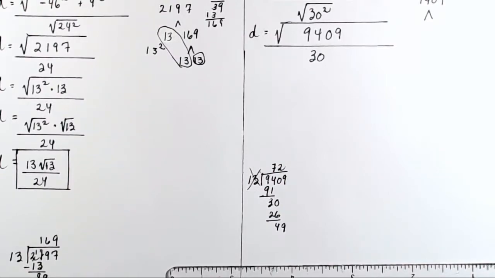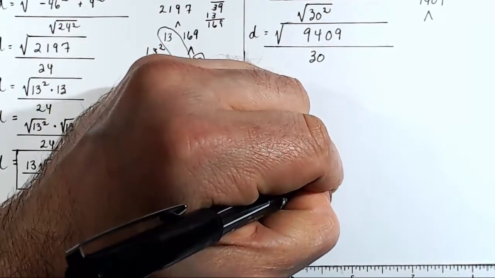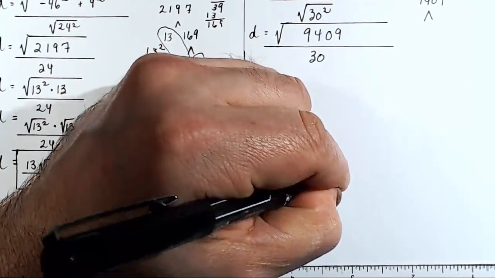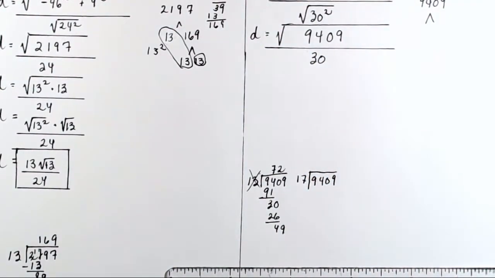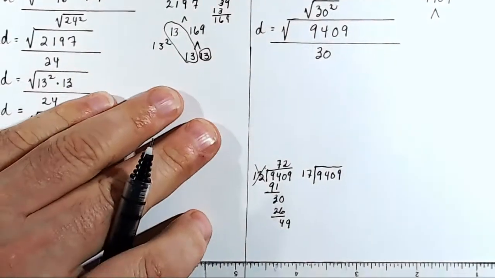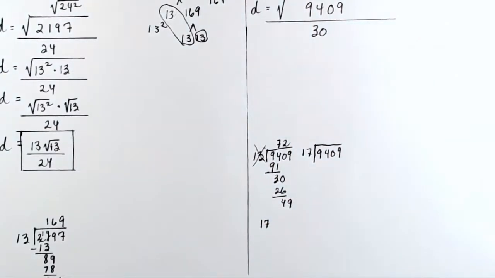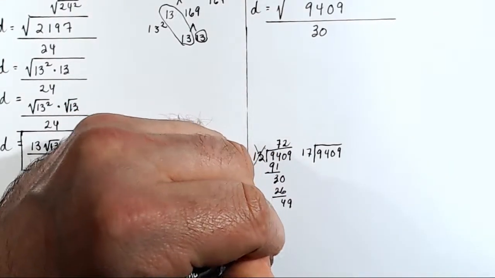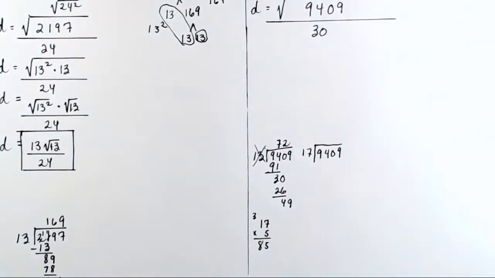It's not 15. I'm going to jump up and try 17. I don't know any of the factors of 17 or multiples, so 9,409 by 17 makes me wish I would have memorized them all. All right, so how many times does 17 go into 94? Because I don't even know. Let's see. 17 is close to 20, and 20 times 5 is 100. So let's try 17 times 5 and see if we get close. That's 35, 85. That's as close as I'm going to get.